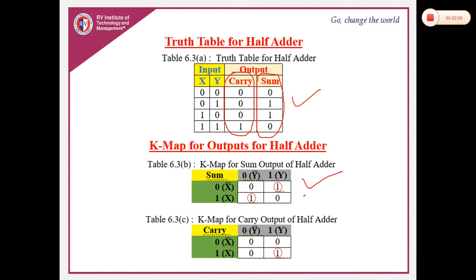If I try to find out whether a quad is possible, no. Whether a pair is possible, no. Only single terms can be used for getting the expression, and it is x bar y plus x y bar, which is nothing but the exclusive OR gate. So it can be written as x exclusive OR with y. That is the expression for sum.